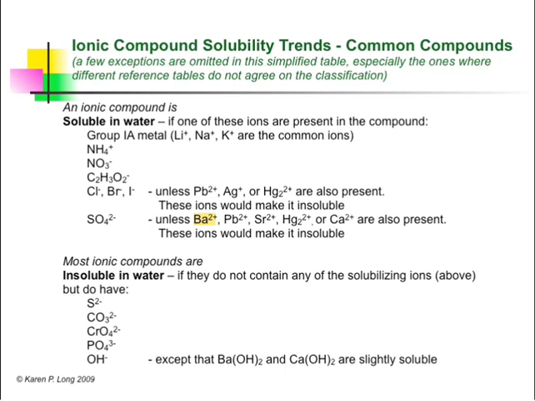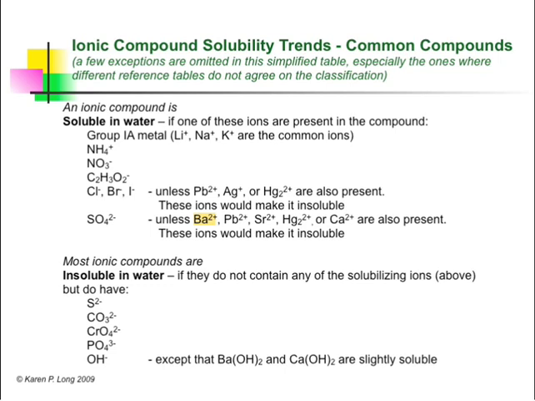If the compound contains negative ions in the bottom group, it is insoluble, unless it also has one of the positive ions from the top group, the solubilizing ions list, such as sodium, potassium, lithium, or ammonium, or unless it's one of the exceptions mentioned. So sodium sulfide would be soluble, even though other elements' sulfides would not.